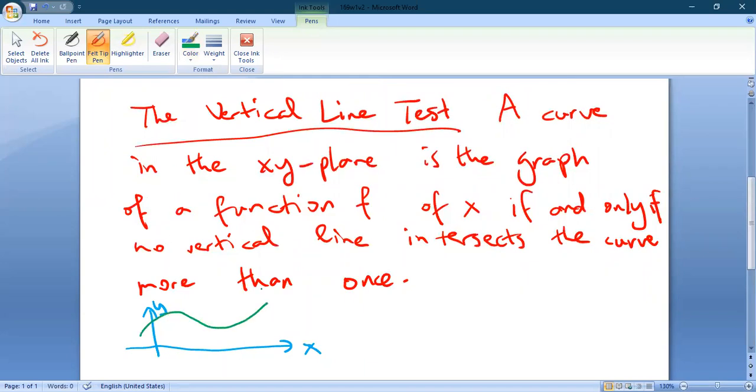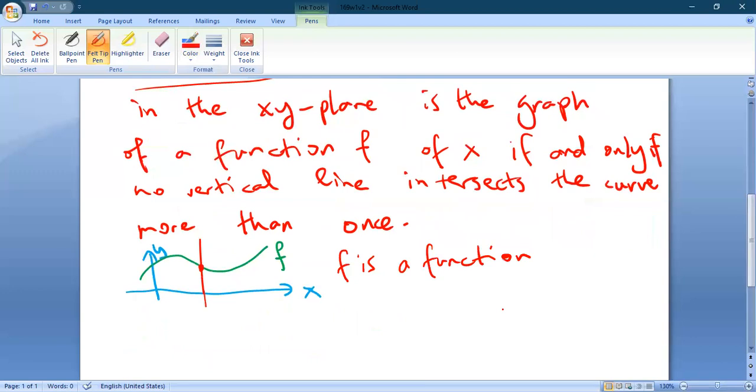Now, when you have a graph like this, and let's say this is the graph of some relation f, it intersects every vertical line only once, just one time. So this is the graph of a function. So f is a function.